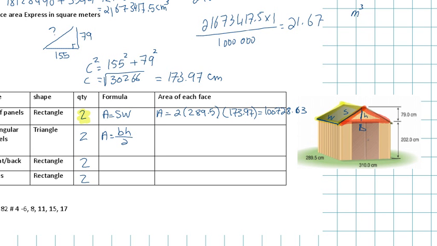So I have 2 triangles, times 3 times 179 divided by 2, so the 2 and the 2 cancel. So this is the red shaded.